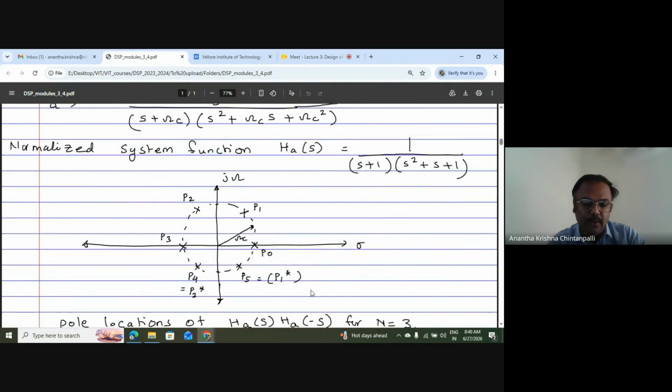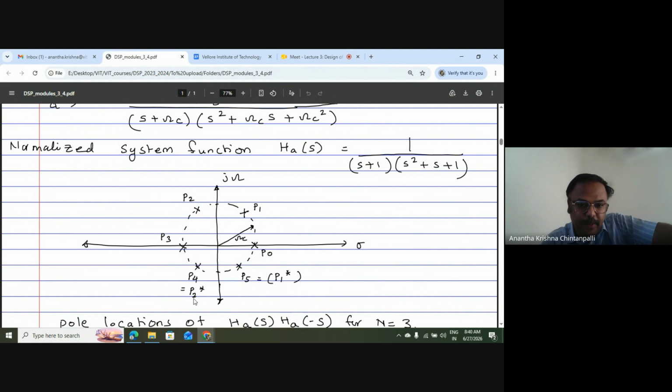This plot shows the pole locations for H of s and H of minus s for n equal to 3. This is sigma, this is j omega. As I said, you start with P0 and go in the anti-clockwise direction: P0, P1, P2, P3, P4, and P5. Now you should know that P2 and P4 should be a complex conjugate pair.